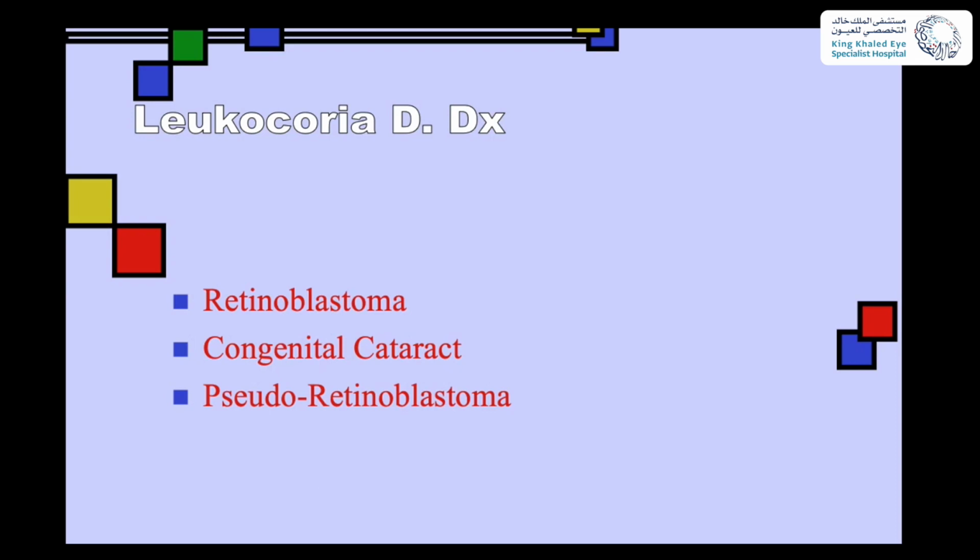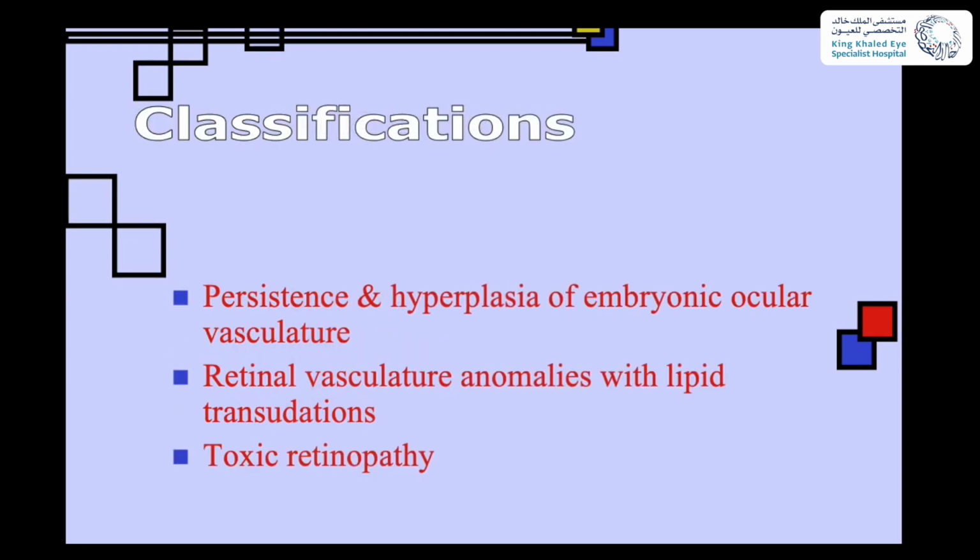Congenital cataract is easy to examine and easy to diagnose because there will be no intraocular mass. But there is a group of pathologies called pseudo-retinoblastoma, which is due to some abnormality within the ciliary body, vitreous, and retina. It could be persistent hyperplastic primary vitreous, like what we sometimes call PHPV or PFV.